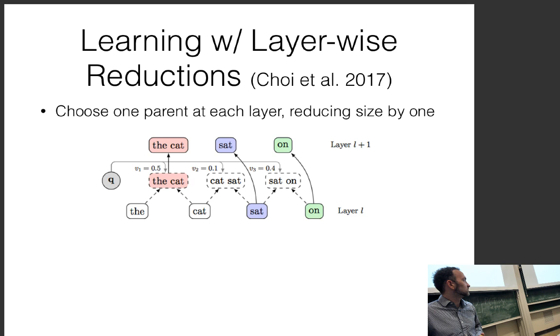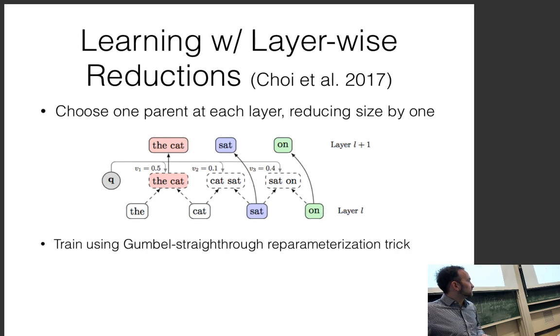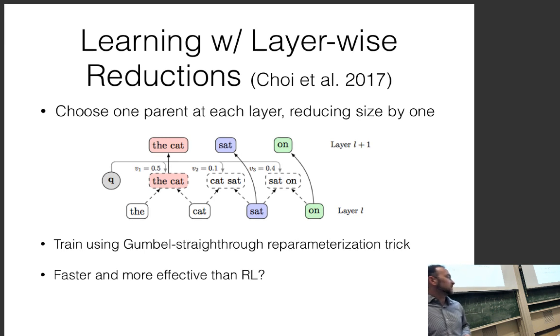Actually, I'm sorry, no, this is not fully differentiable. What they're doing is they're using the Gumbel straight-through trick that allows you to backpropagate into these decisions, but pick a single one to do the composition over. The experiments that they have here show that this was faster to train and more effective than RL.